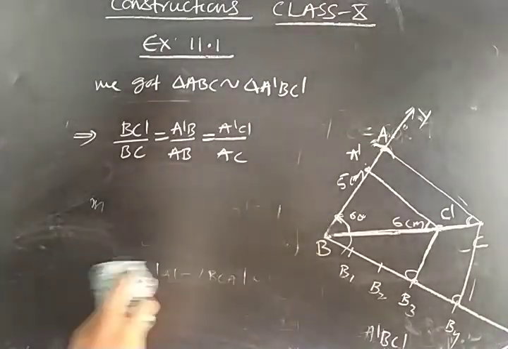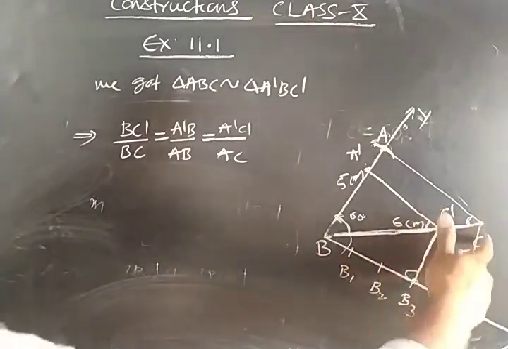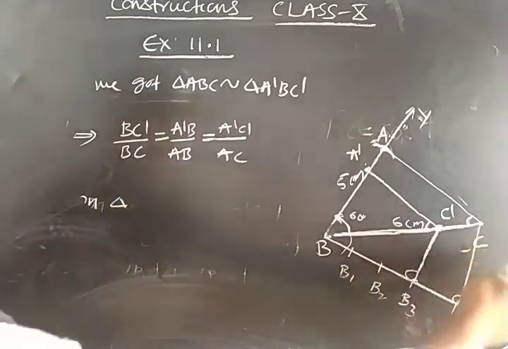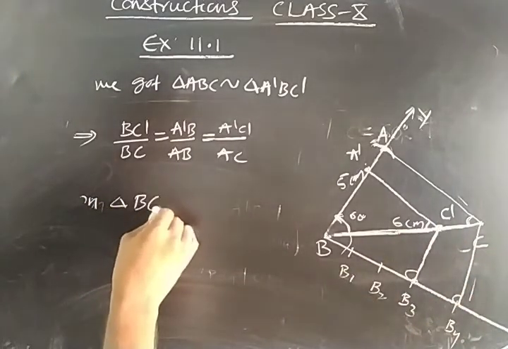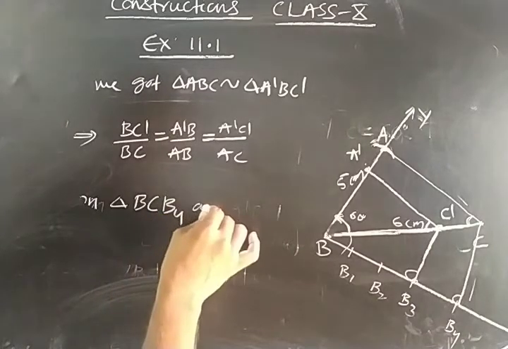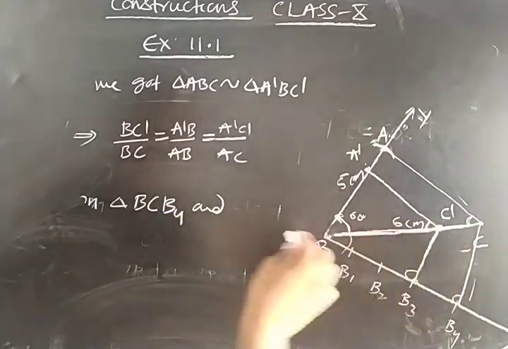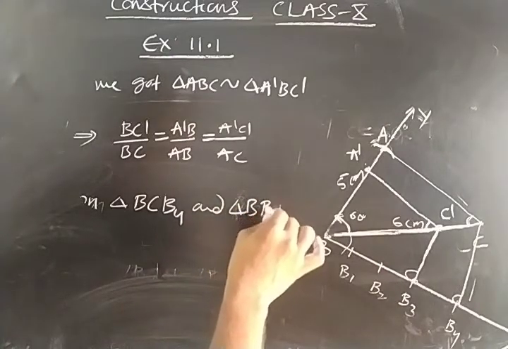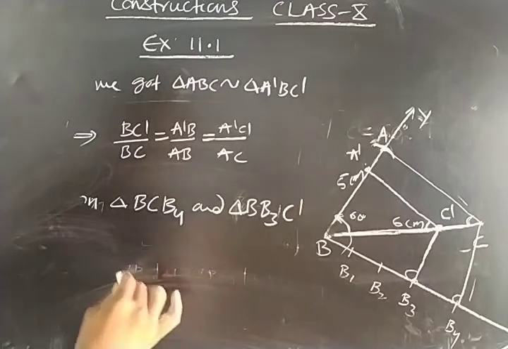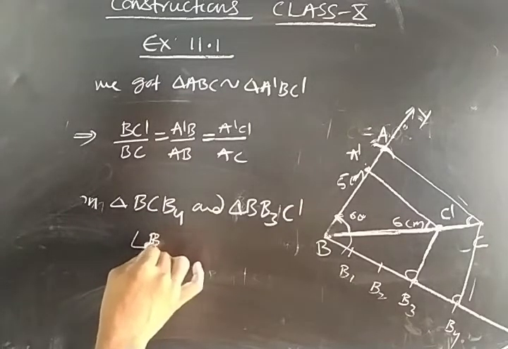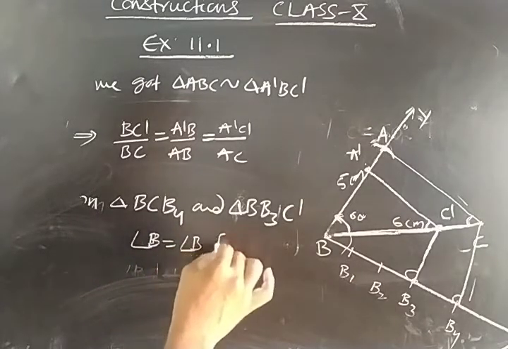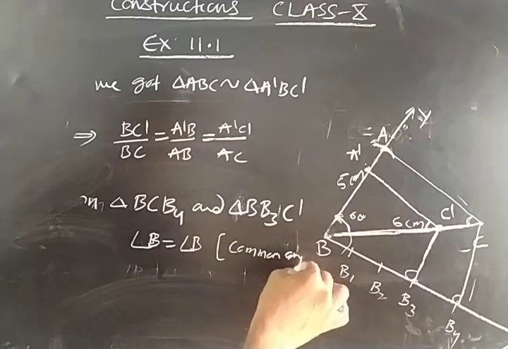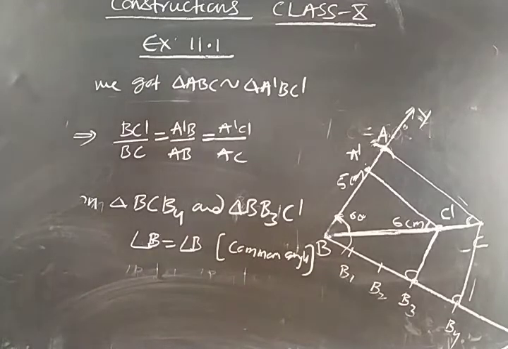Now below BC again we have two triangles. The bigger triangle is B4 B C, and the smaller triangle is B B3 C dash. In these, angle B is equal. Why? Because it is a common angle.